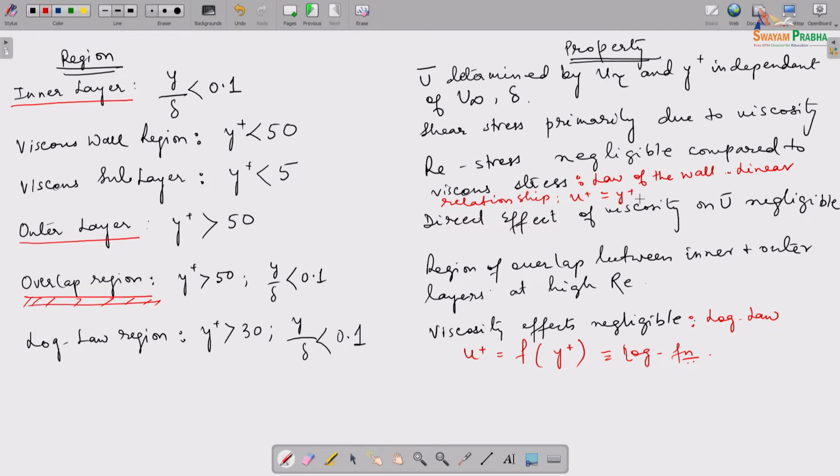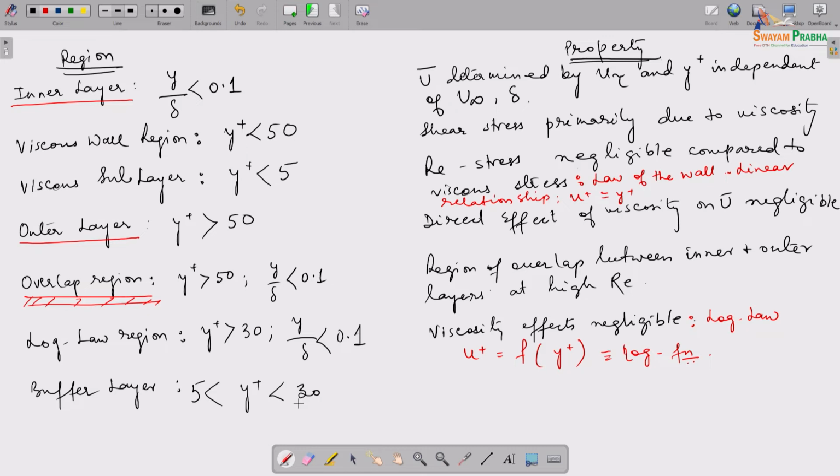And finally, let us write down the buffer layer, between y plus of 5, which is the viscous sublayer, and 30, the log law region.